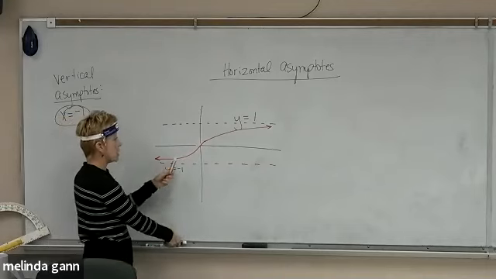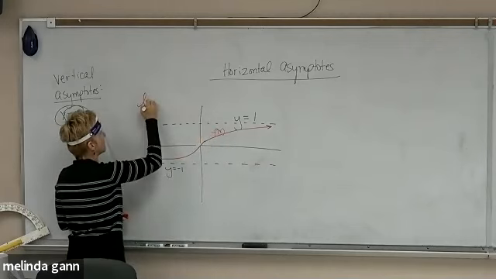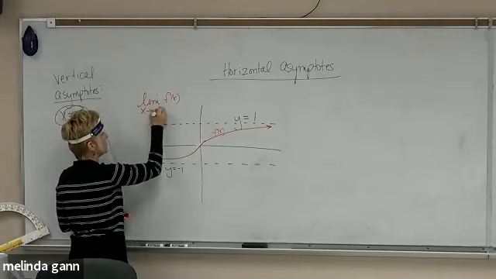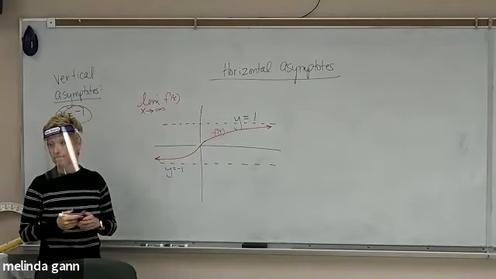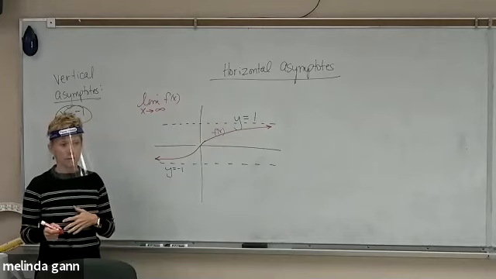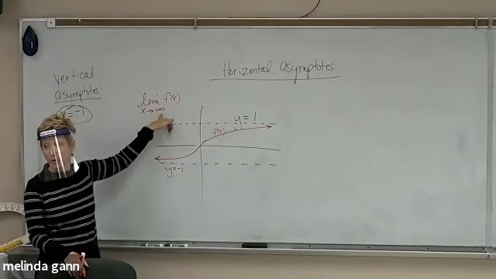So do you understand on this f of x, on this red f of x, the limit of f of x as x approaches infinity? Now, we've not had this before. We've had infinity for answers, but we've always been approaching a number.